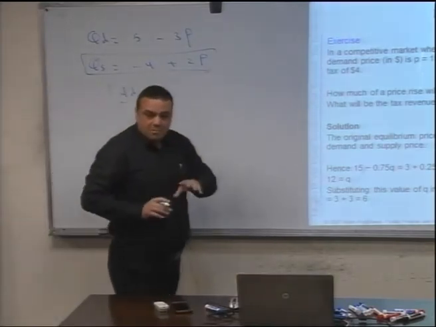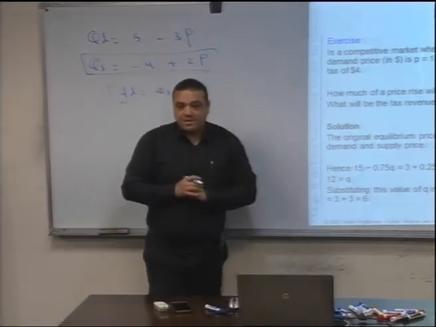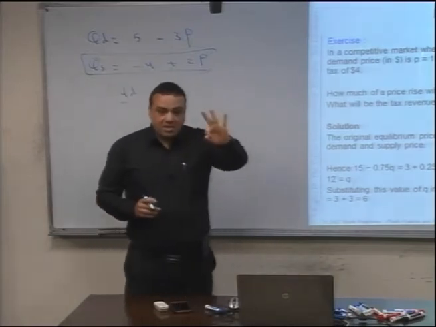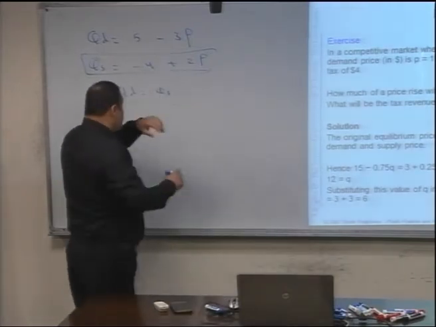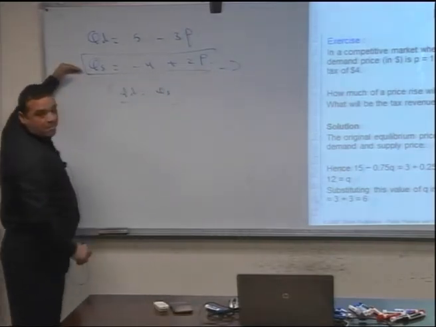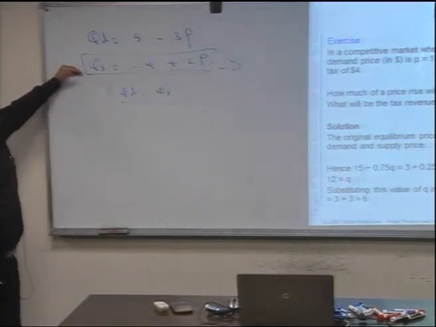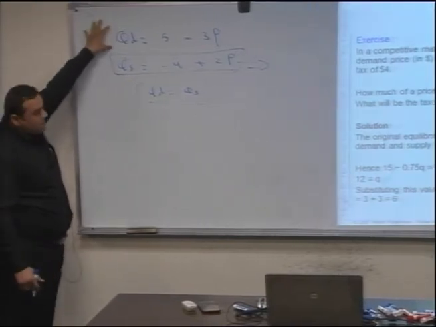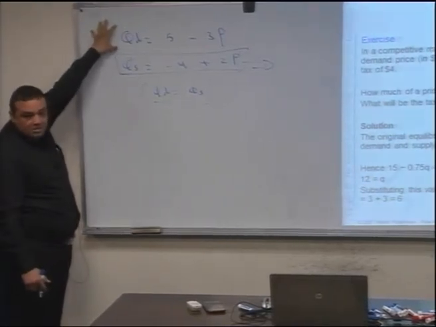And we said that if a per unit tax of $3 is imposed on the producer, the supply function will change and the demand function remains constant.